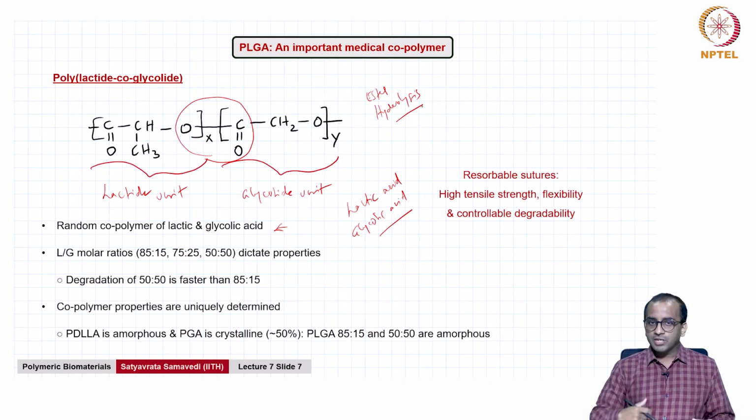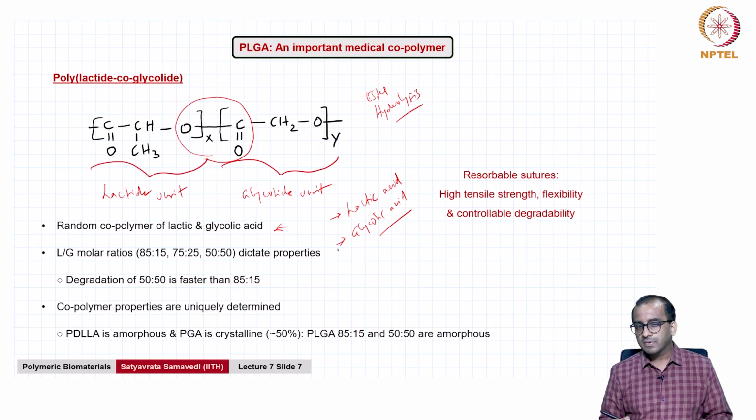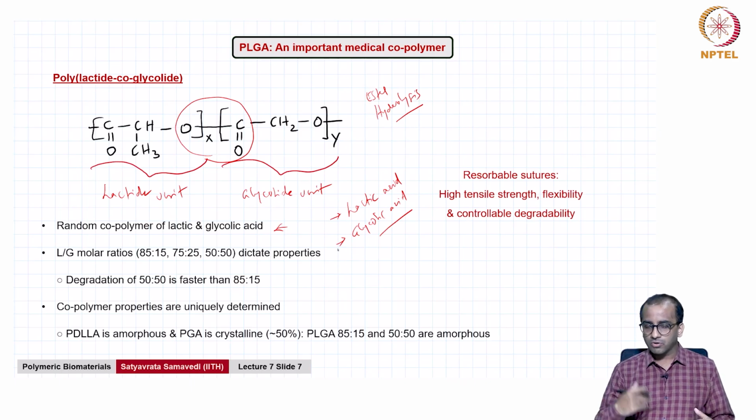Now, the degradation products, as it turns out, will be lactic and glycolic acid, and that is a useful feature because not only is the polymer itself cytocompatible, the degradation products are also okay, as they are going to be excreted by the body and not recognized as foreign.